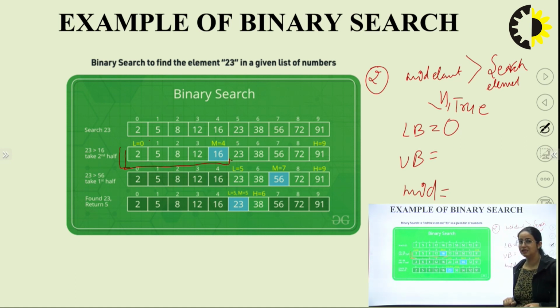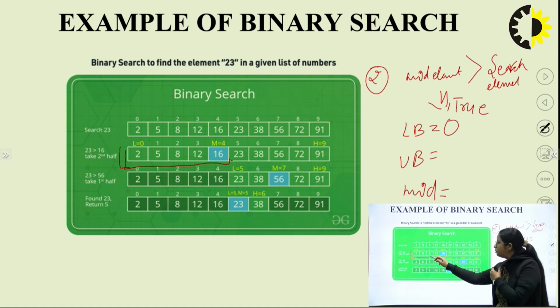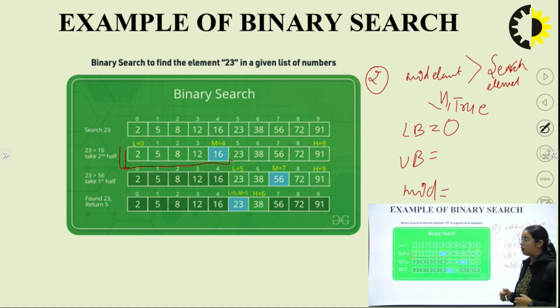Now you will see that we don't know what the upper bound is here. So for the upper bound, we have to subtract 1 from the mid. Why do we have to do this?